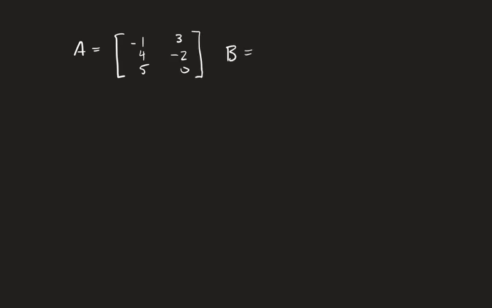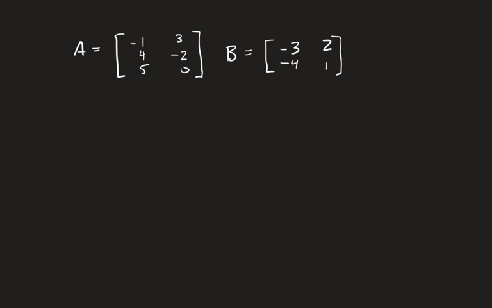B is going to be -3, -4, 2, and 1. So based on the property that we mentioned before, we know that A and B cannot be added because this is going to be a 3 by 2, and then this is a 2 by 2. So when you're adding, they need to look exactly the same. They need to have the same number of rows and the same number of columns.